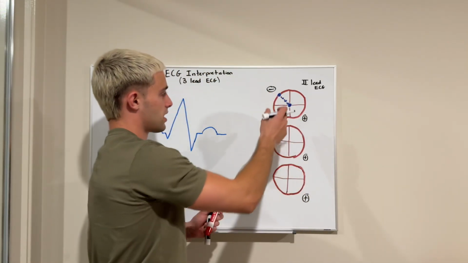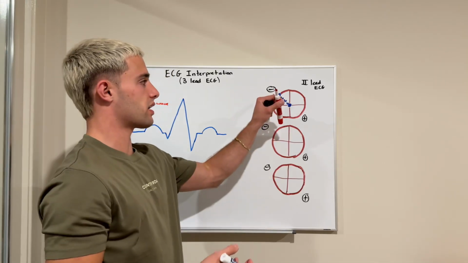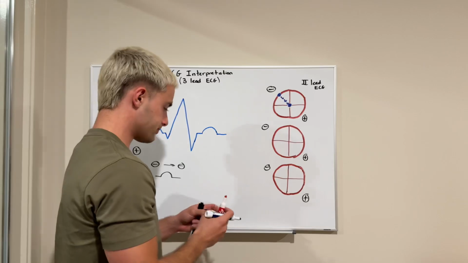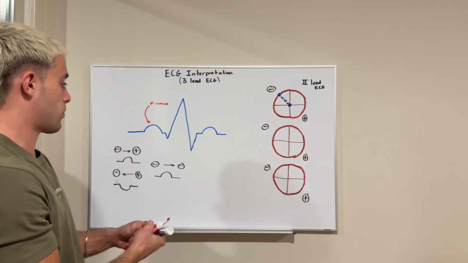And this is depolarizing, or making the atria more positive, therefore leading to a contraction. So that's what's going on in the P wave.